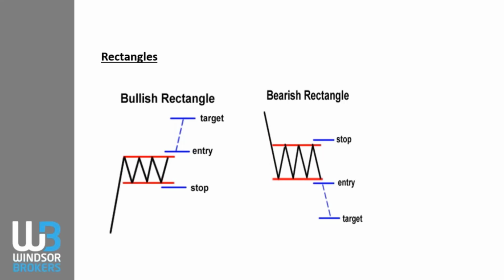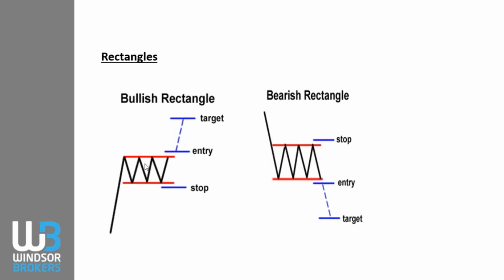So a rectangle is similar to wedges, but the price moves within the same range, taking a consolidation of the initial move. So we had the trend up and then a series of waves that move within a certain width of the range, and most likely will result in the continuation higher once the price breaks above this line that connects the highest points, which is usually the horizontal line.